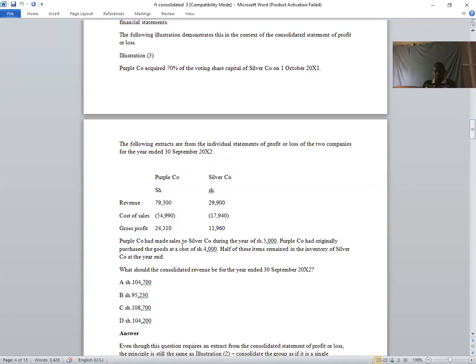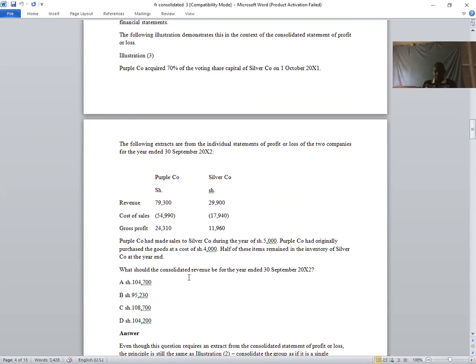Purple Company had made sales to Silver Company during the year of shillings 5,000. I can see an intra sale. Purple Company had originally purchased the goods at a cost of 4,000. Half of these items remained in inventory of Silver Company at the year end.